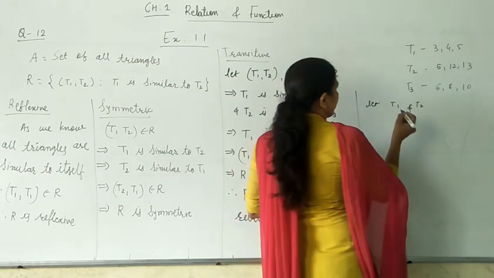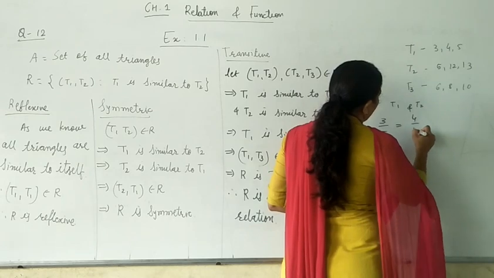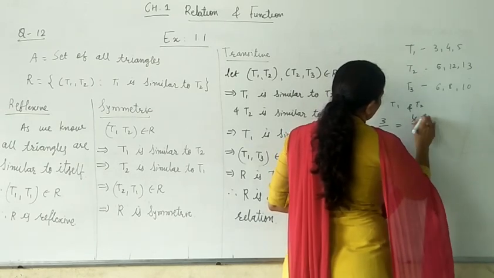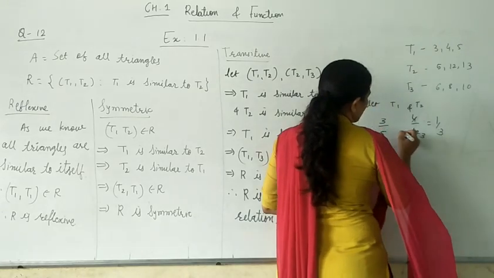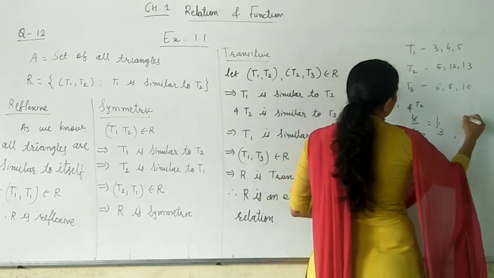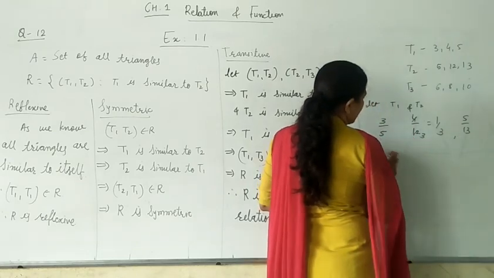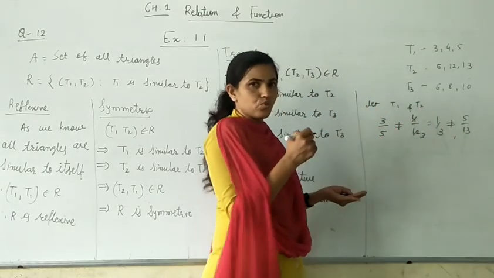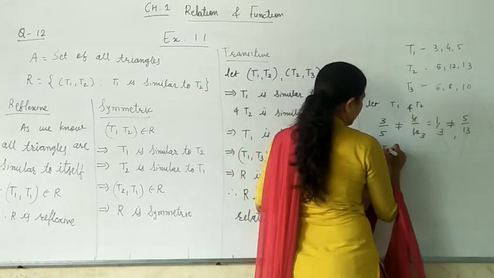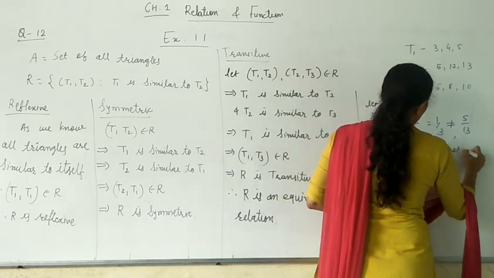So let me check for T1 and T2. That is 3 upon 5, then 4 by 12, which is 1 by 3, and 5 by 13. So 3 by 5 is not equal to 1 by 3, which is not equal to 5 by 13. Therefore, T1 and T2 are not similar.